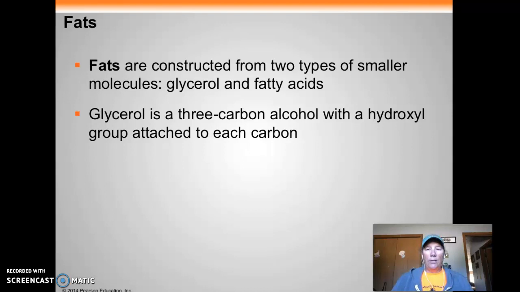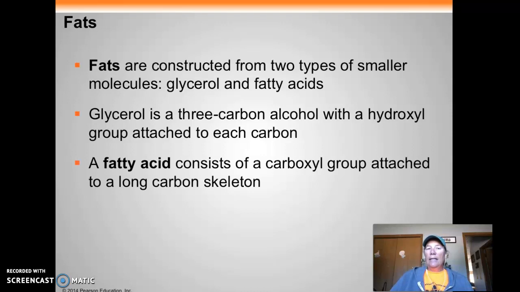Hydroxyl is just OH. It's water minus 1 hydrogen. And that attaches them together. So you end up with 3 of these chains. And then you'll take these glycerol groups, triglycerides. That's why there's 3 of them. And then they attach themselves to a fatty acid.